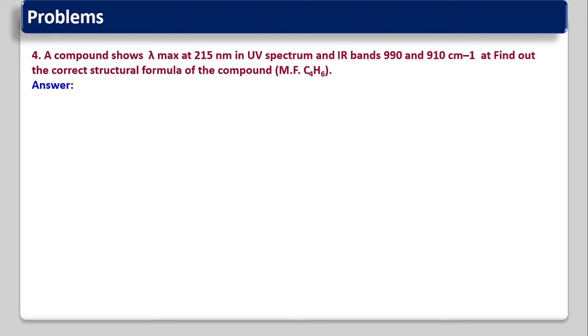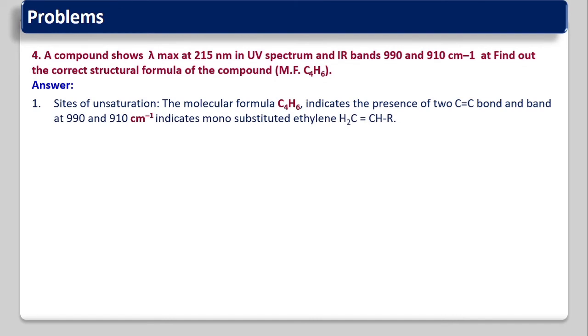So in this problem the extra data is provided from the UV-visible spectrum. The lambda max is 215 nanometer in the UV spectrum. Now the first step is to find the sites of unsaturation. The molecular formula C4H6 represents two sites of unsaturation.